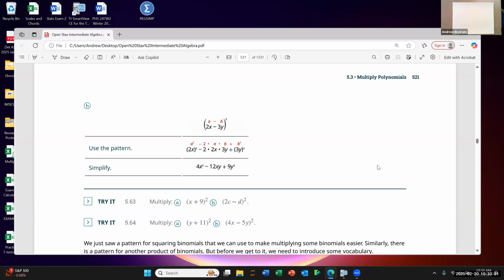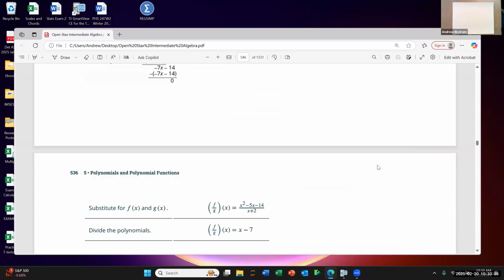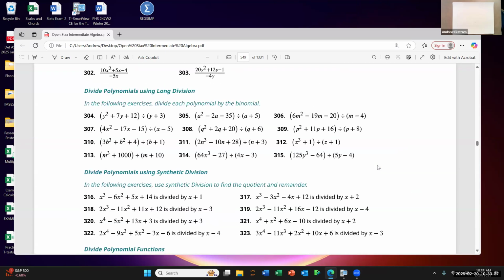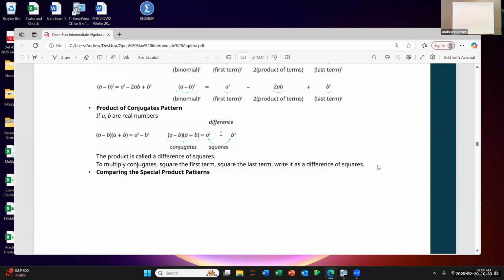So if anyone wants to try to memorize all the different special cases, by all means go ahead and do that. I'm not going to do any of that.